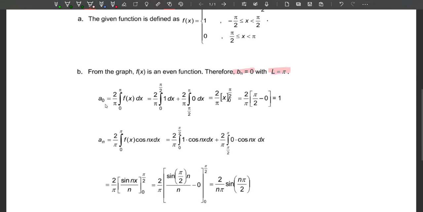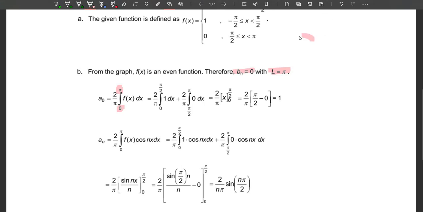So right now A0 is equal to 2 over pi, integrated from 0 to pi. Why 0 to pi? This is because we are going to find it as a half range, only half of the function because it is symmetric. It doesn't matter if we find it from negative pi until pi; it is just going to be 2 times the integral from 0 to pi.